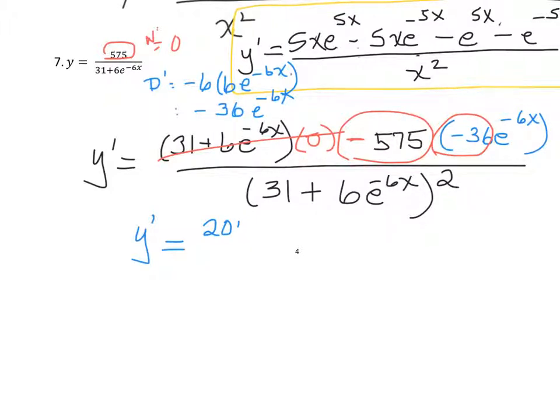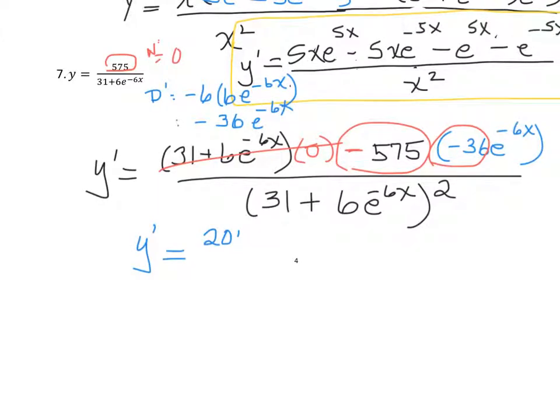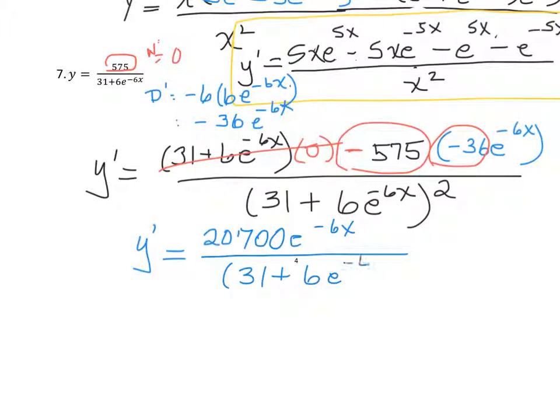Better check my arithmetic here. And that's times e to the -6x, all divided by 31 plus 6e to the -6x, quantity squared. And there is absolutely nothing else to do to that, but just keep that the way it is.